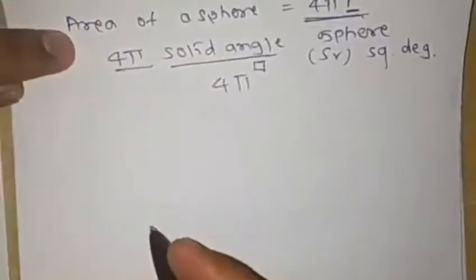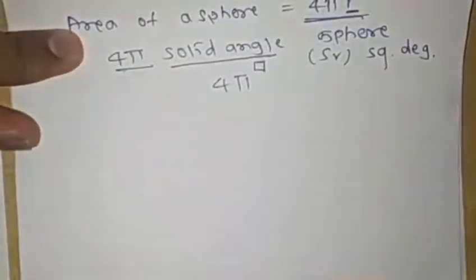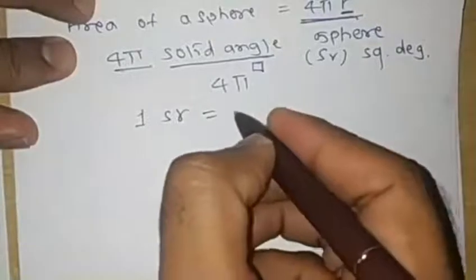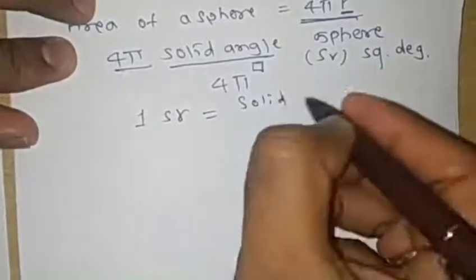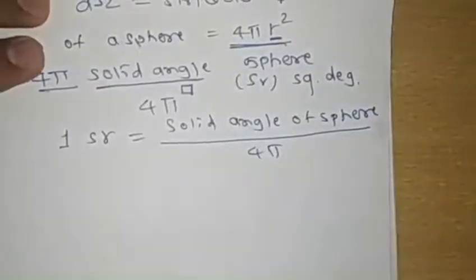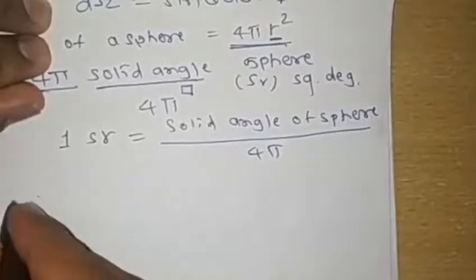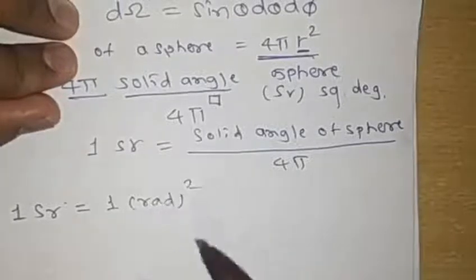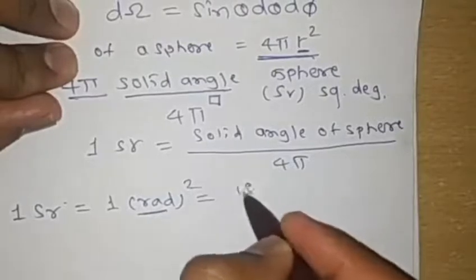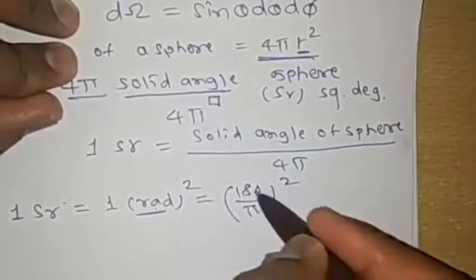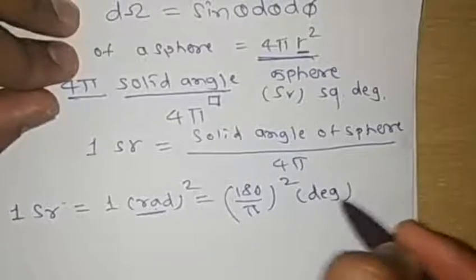Now, what is the conversion between steradian and radians? 1 steradian is equal to the solid angle of sphere divided by 4 pi. If we say 1 steradian is 1 radian square, 1 radian, we know it is 180 by pi, it's square. 180 by pi is always in degrees, so it's square.